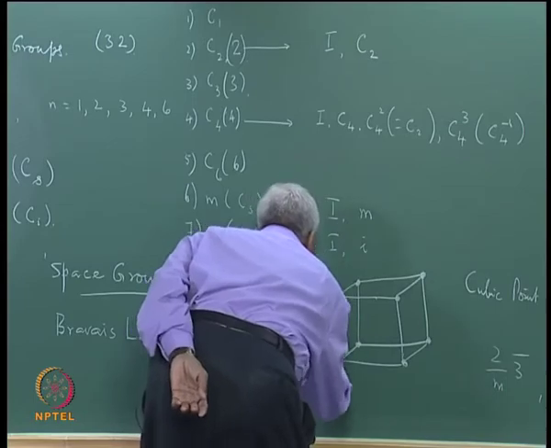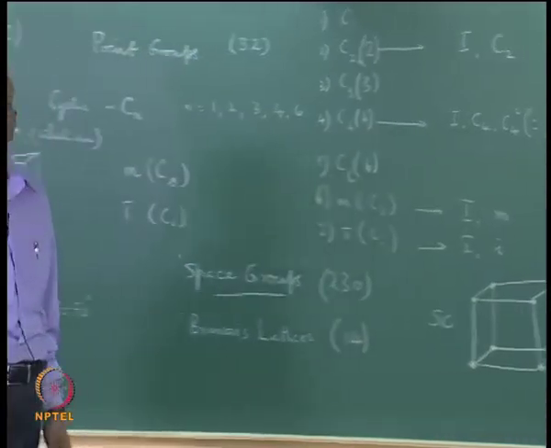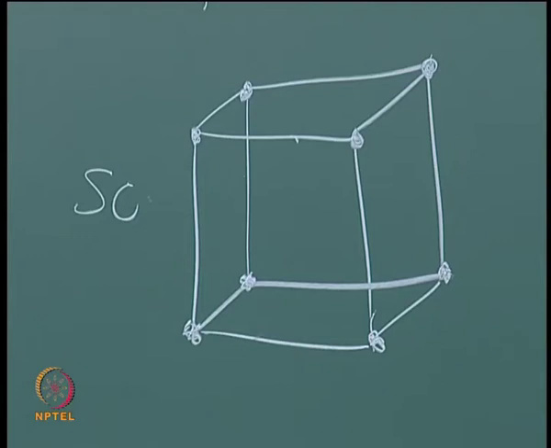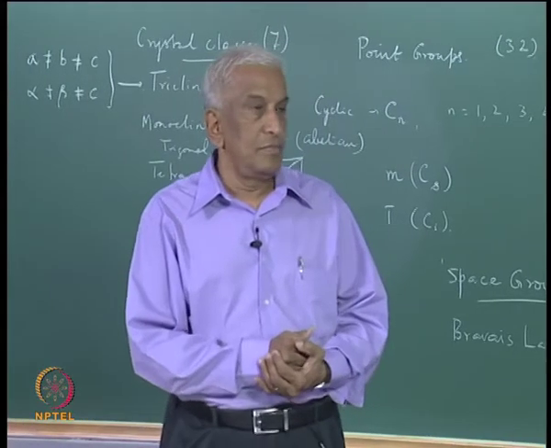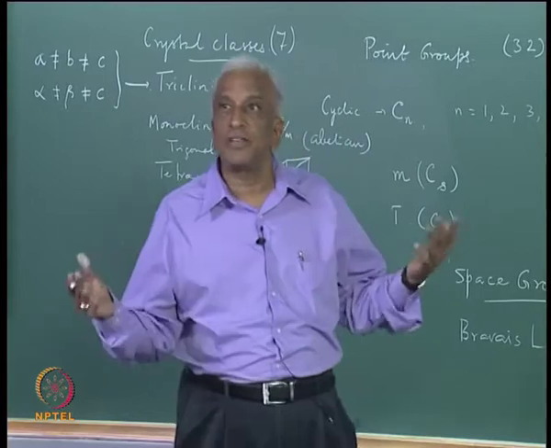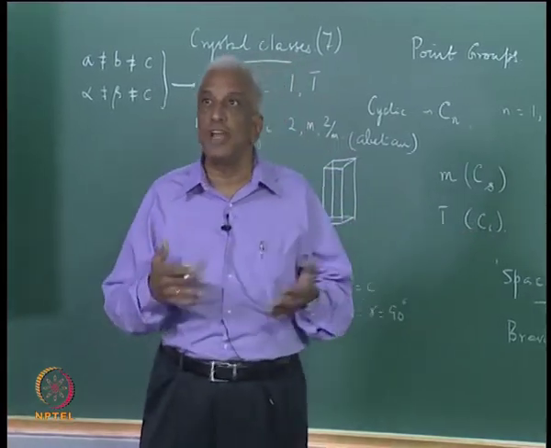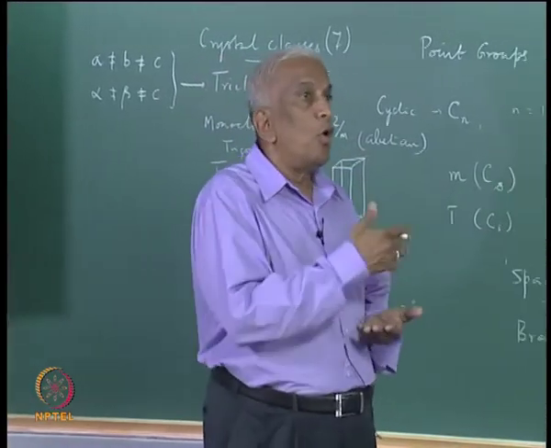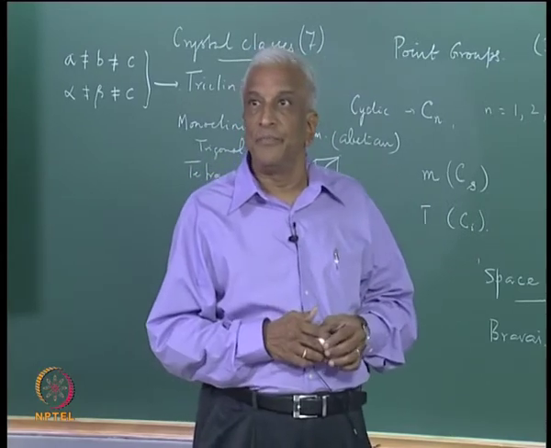So, it is a simple cubic lattice. Among the elements, polonium is the only element which is known to crystallize with a simple cubic arrangement. This is because the simple cubic structure is very open and the atoms tend to get into more tightly packed structures.